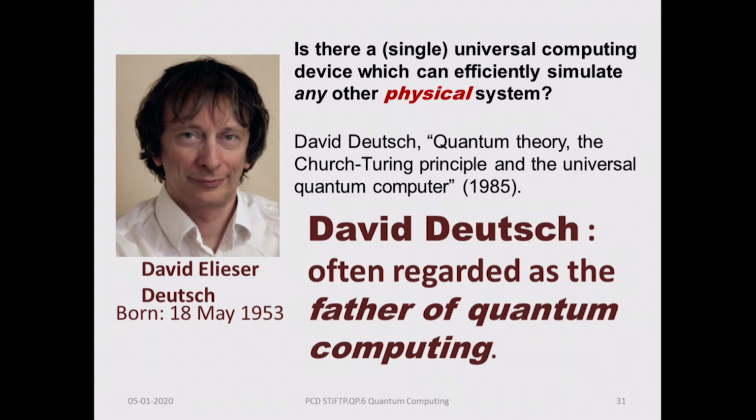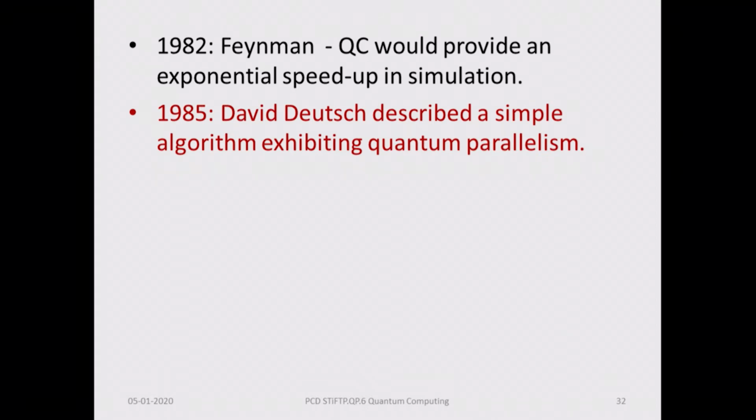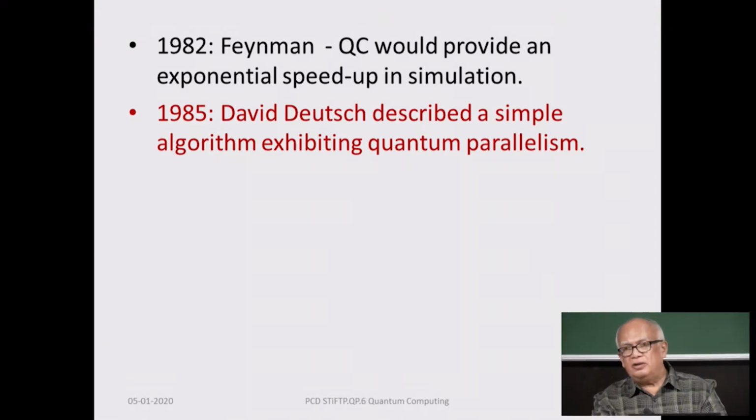And in many ways, Deutsch can be regarded as the father of quantum computing, although Feynman also is credited with this recognition. He gave a famous talk in 1982, and he pointed out that quantum computers would provide an exponential speed up in simulation, because simulation of what?